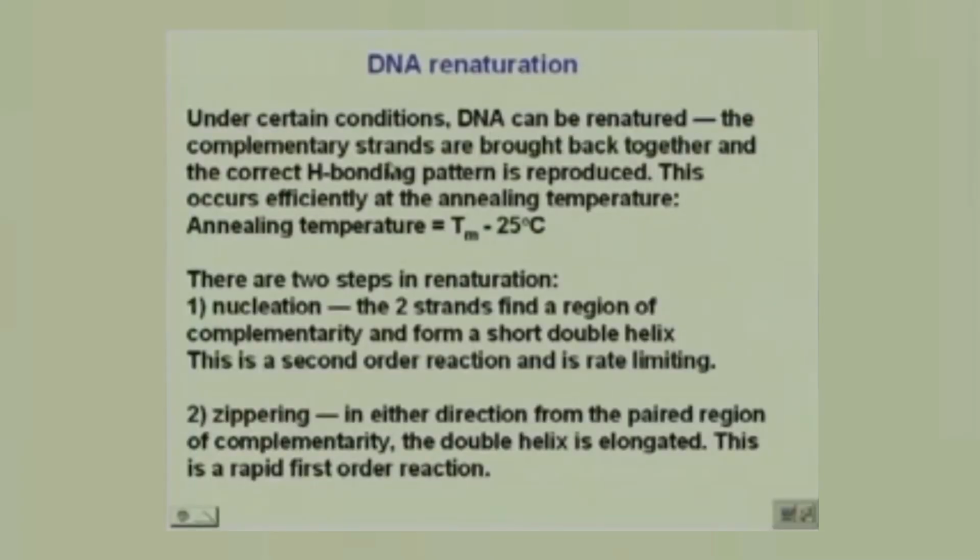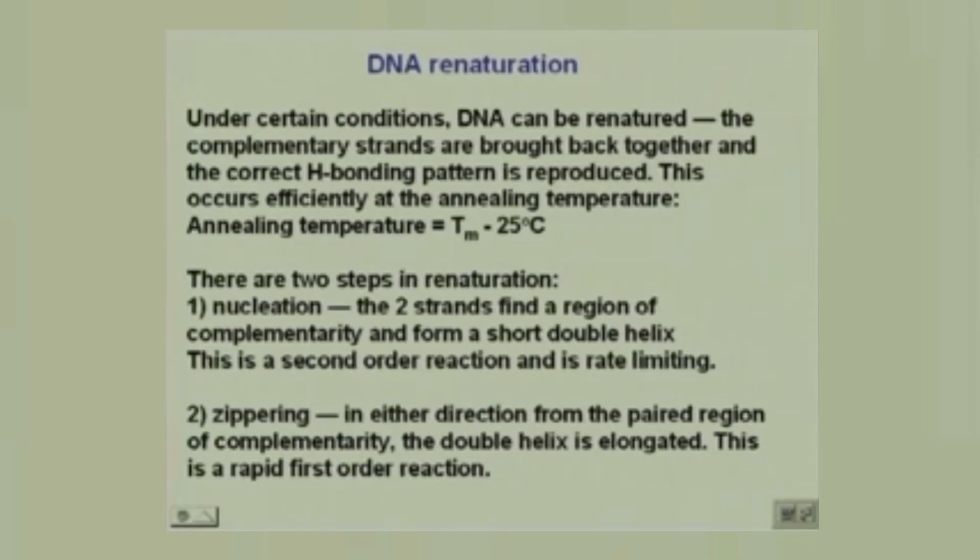In this case, the DNA has to find its complementary strand, right. So, under certain conditions, DNA can be renatured where the complementary strand can be brought back together. Why? Because only then are you going to get the proper linear double helix structure, because you have to have that ladder formation first, where you have complementary base pairs, and you have to have the correct hydrogen bonding pattern reproduced again.